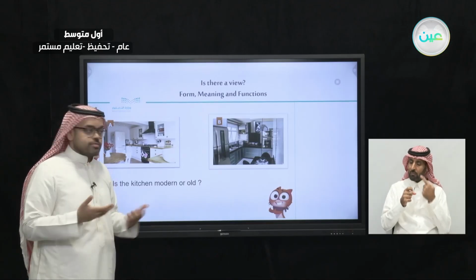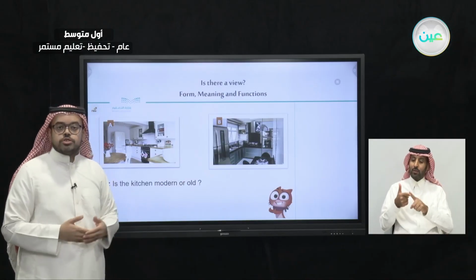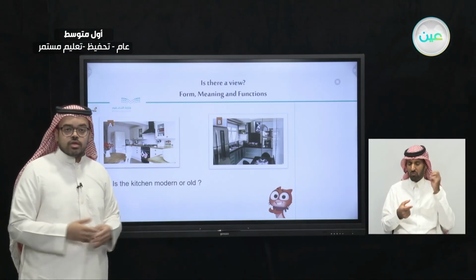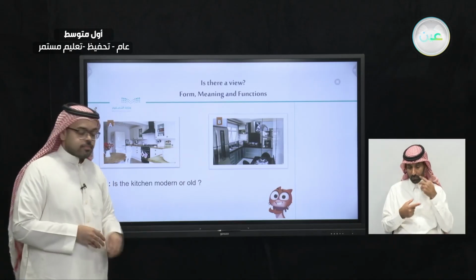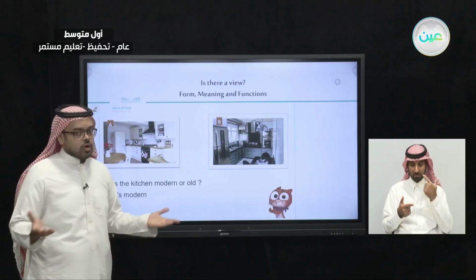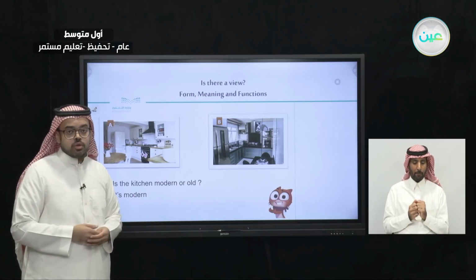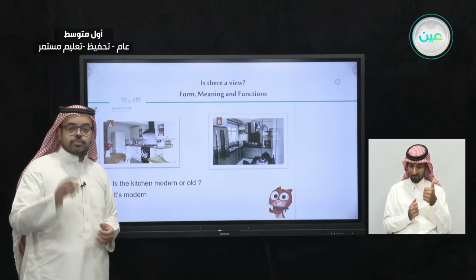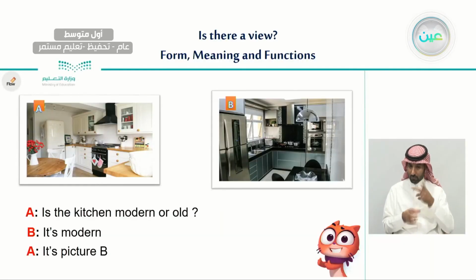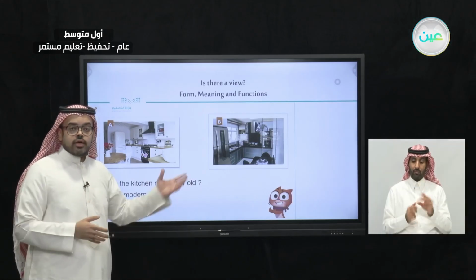Very good, picture B. If my partner says it's old, I would use picture A. So let's see what my partner has to say. My partner says it's modern. So obviously, the picture of a modern kitchen will be picture B. This is how we use the conjunction or in this sentence.